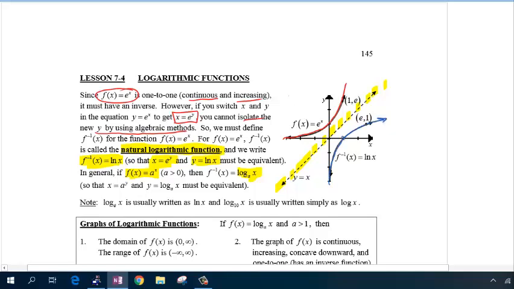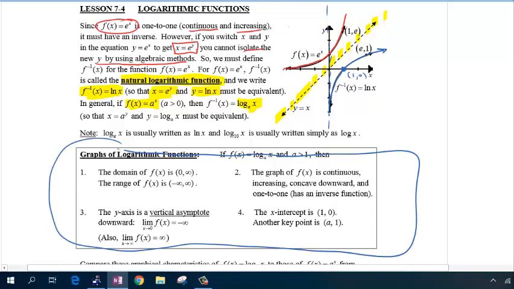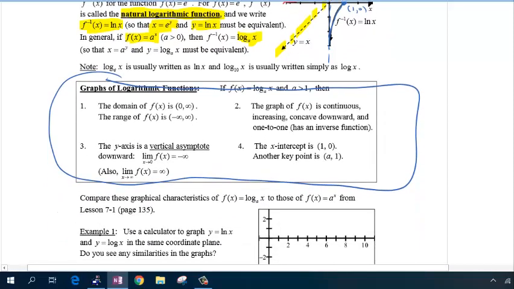Key characteristics: it goes through (1, 0), it's always increasing, and we have a vertical asymptote at, of course, x equals 0. That's summarized in here. I hope you already know these things and this is just a review.